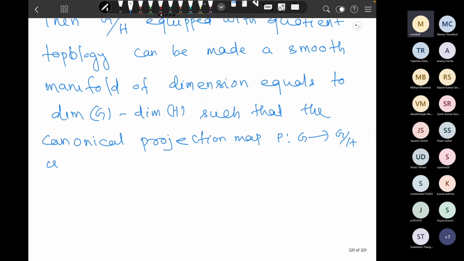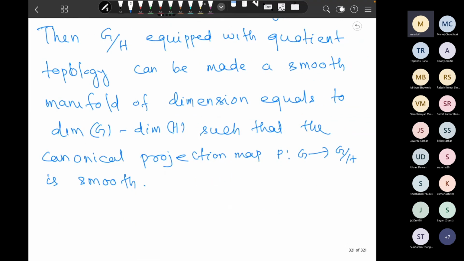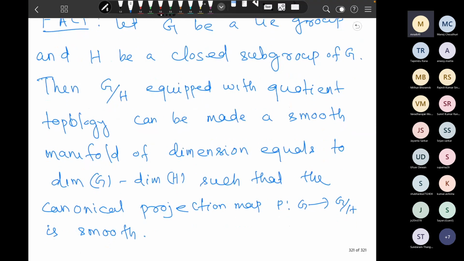Okay, so this simply says that if G is a Lie group and H is a closed subgroup of G, you look at the homogeneous space G by H; that is a smooth manifold, it has dimension of G minus dimension of H, and the projection map is smooth.